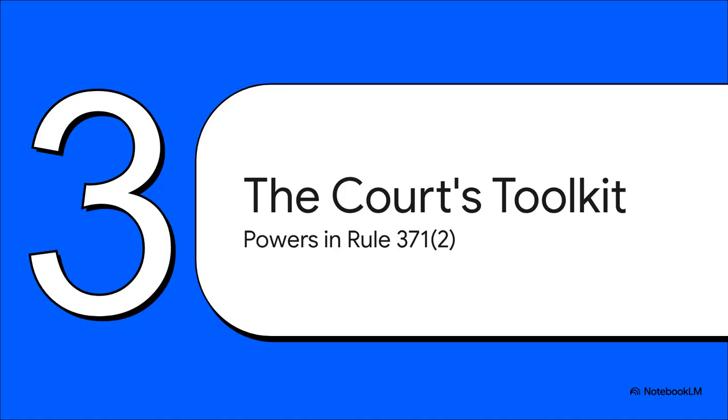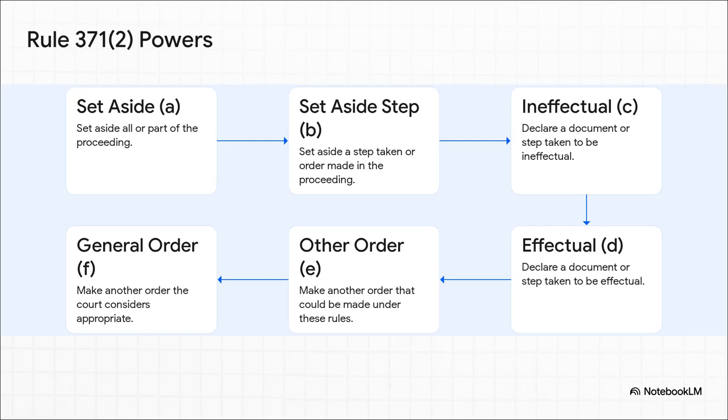Okay, so we've established your mistake is an irregularity. Great. But what can the court actually do about it? Well, that brings us to the wide-ranging powers in Rule 371, Subrule 2. Just think of Rule 371, Subrule 2 as the judge's toolkit. They've got options. Sure, they can set aside the whole proceeding or just the mistaken step.